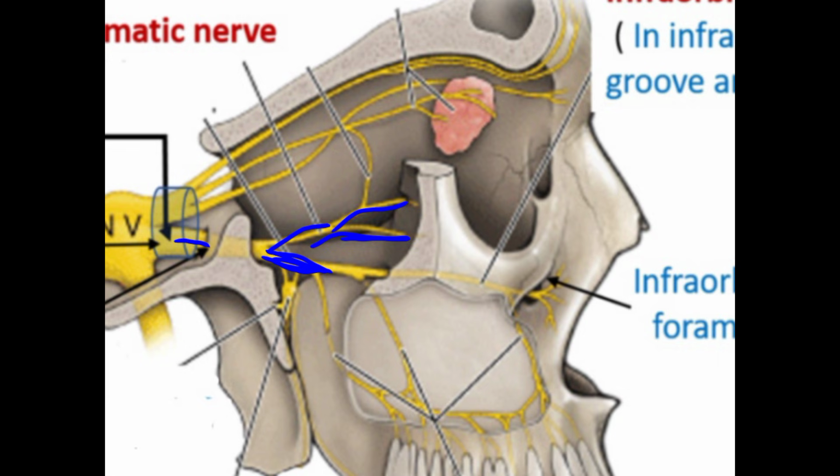The maxillary nerve, once it enters into the orbit, you call it the infraorbital nerve, that crosses the infraorbital groove, canal, and through the infraorbital foramen, the infraorbital nerve comes out.